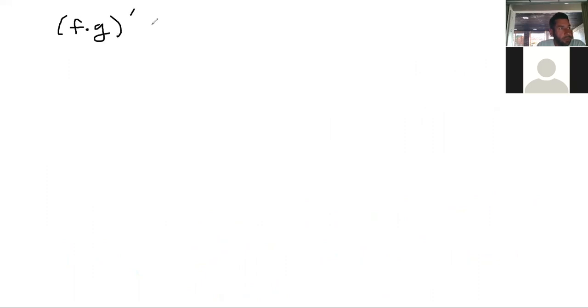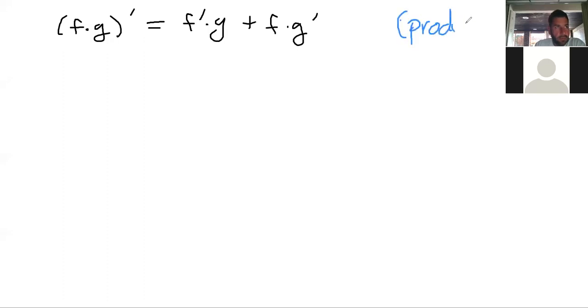We have this formula: for the product of two functions, if we want to compute its derivative, the product rule says that we can compute it like this. I'm writing this in shorthand, and hopefully you make the connection with what we did last class with slightly different notation. This is called the product rule.